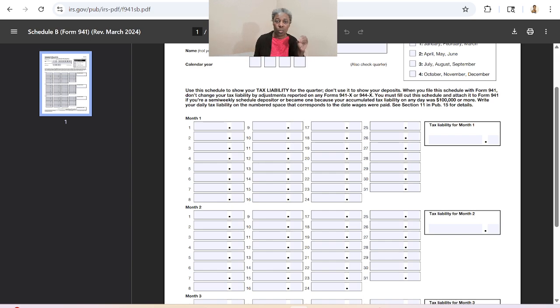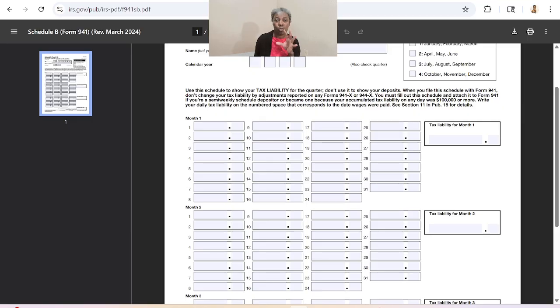So based on when you pay people, you put the tax liability, what you need to withhold from the wages that you pay: the federal income tax withheld from the employee wages for that pay period, the employee social security and the employee Medicare tax withheld, the employer Medicare tax and the employer social security tax.